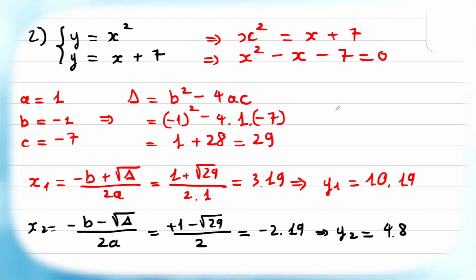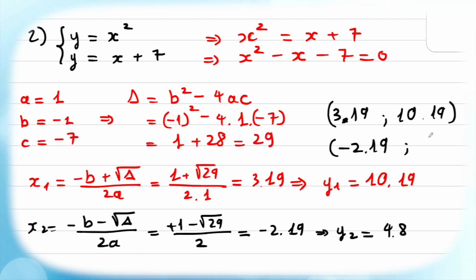So the first point will be 3.19 and 10.19, the first solution, and the second one is minus 2.19 and 4.8. That is question 2. We can see that to solve the quadratic equation, maybe I can use factorizing, or maybe the quadratic formula. Sometimes you have to use a graph, but I think the quadratic formula is very useful when solving this question. That is the second example.